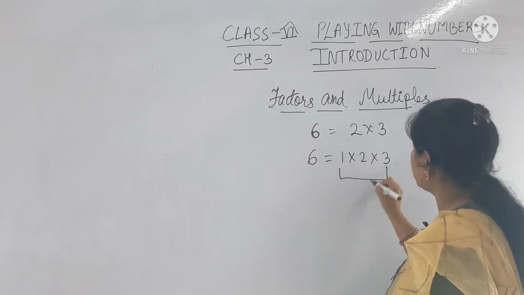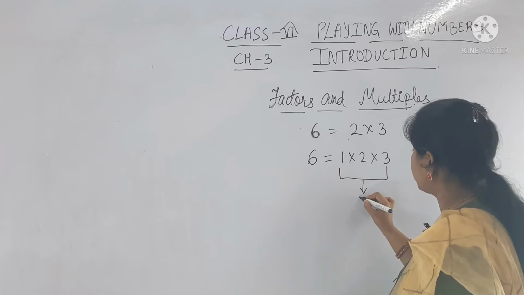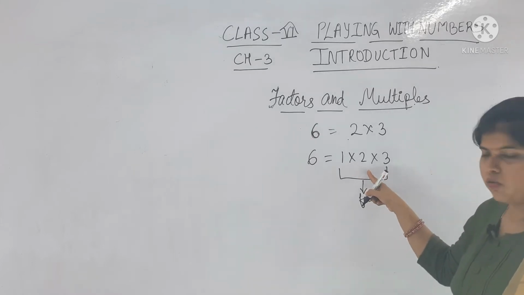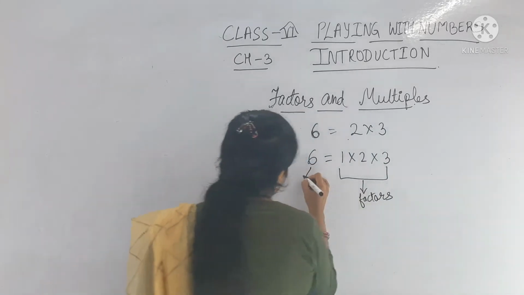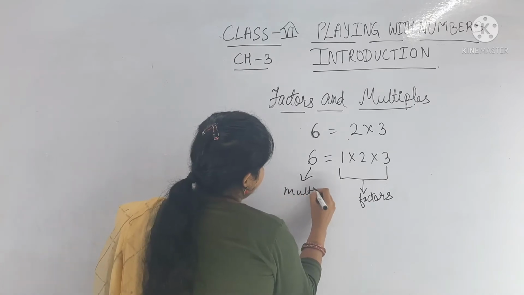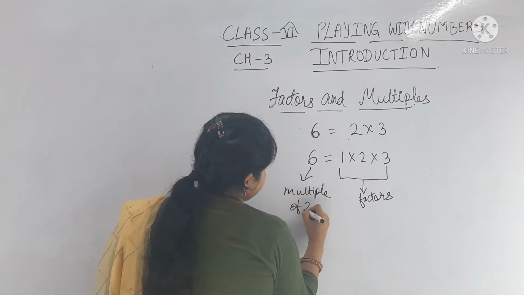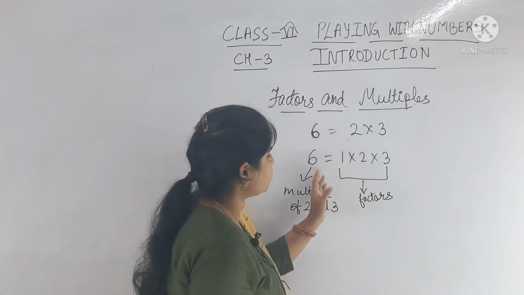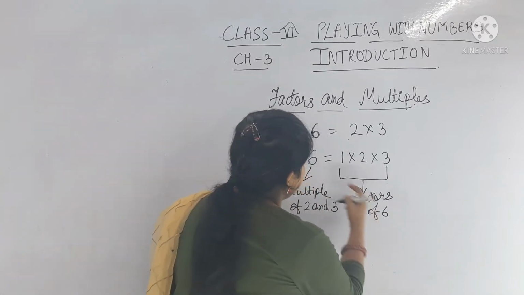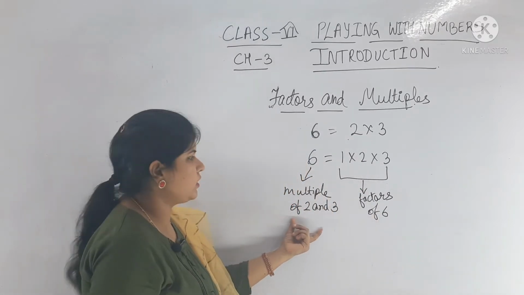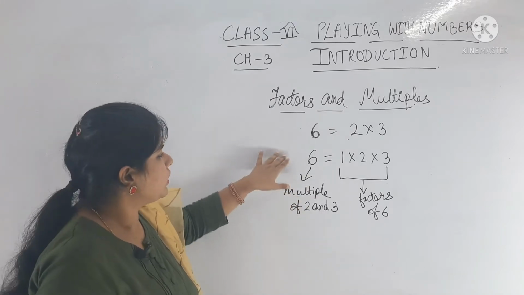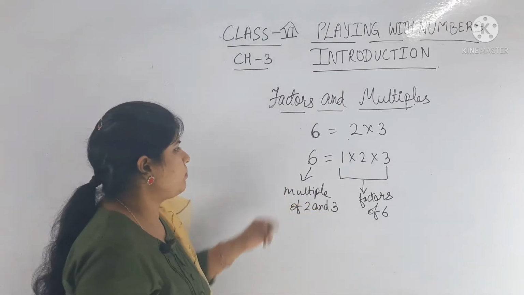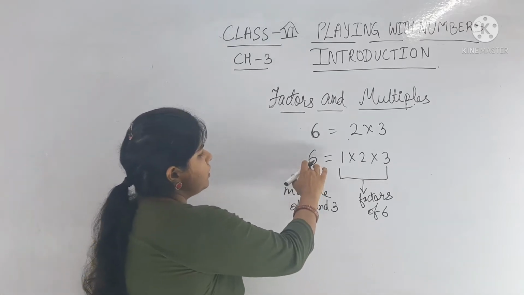So these are called the factors of 6, and 6 is the multiple of 2 and 3, meaning in the tables of 2 and 3 it is coming. 2 3s are 6 and 3 2s are 6. So it is the multiple of 2 and 3.